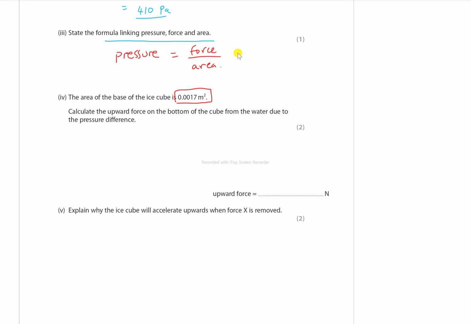Remember pressure, so P equals F over A. P is 410.